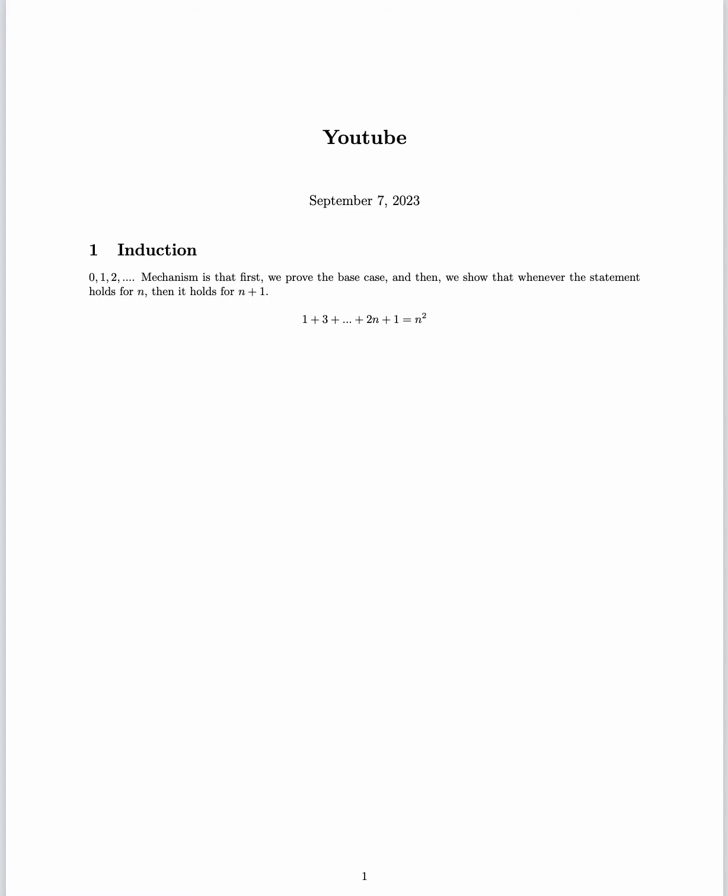You might have heard of this, you might not, but it's a well-known result: the sum of the first n odd positive integers is equal to n squared.